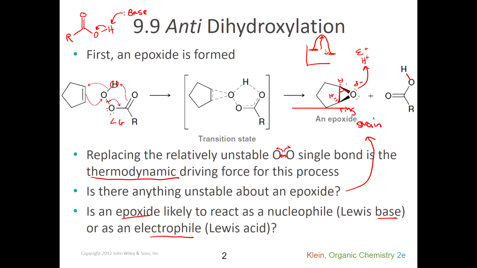And because of the ring strain and the oxygen pulling electrons away from these two carbons, there's a significant partial positive there. So we could also imagine a nucleophile attacking that positive. So either of those reactions are possible, and if we want to facilitate one, we want to make that reaction as likely as possible to occur.